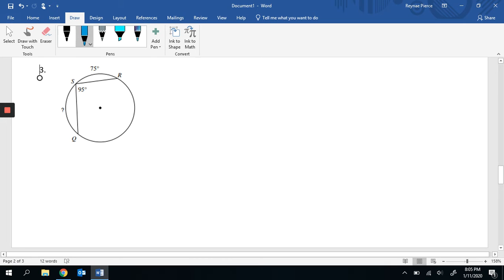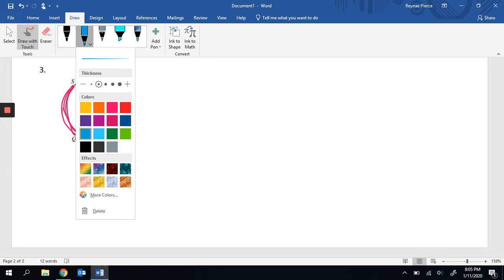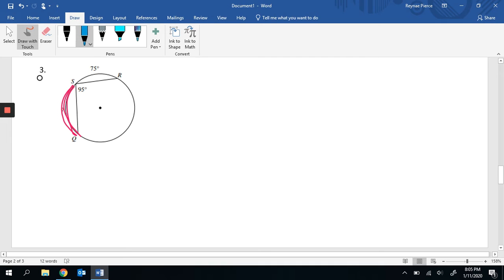Example 3 here, we're looking for the measure of arc QS. Our final answer will be the measure of this arc, but we've got to use some information that we're given before we can get to that. So angle QSR here, again, is an inscribed angle.